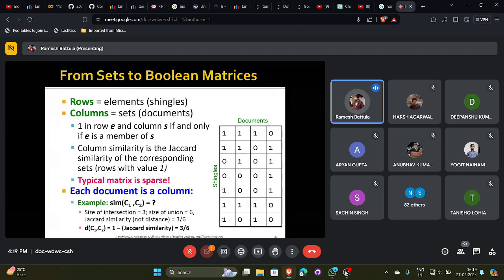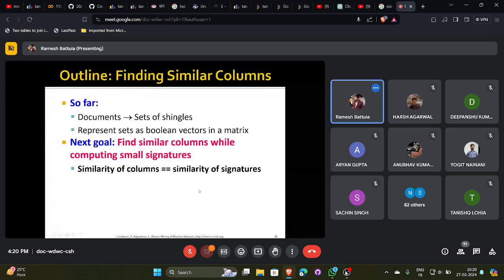Sorry, each document is a column and we need to compute the similarity. Now we have two, C1 and C2. Between these two documents, we need to find the similarity. In the similarity, you need to find the intersection of these two and the size of these two.